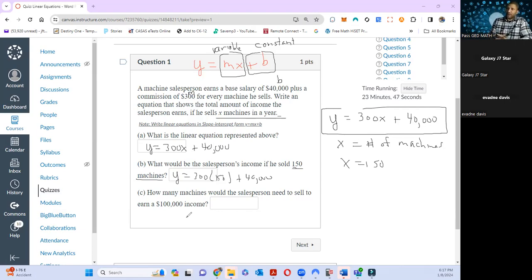So we have to identify, okay, y equals mx plus b. We know what the equation is: y equals 300x plus 40,000. We know x stands for the number of machines. Therefore, y is equal to our total salary.